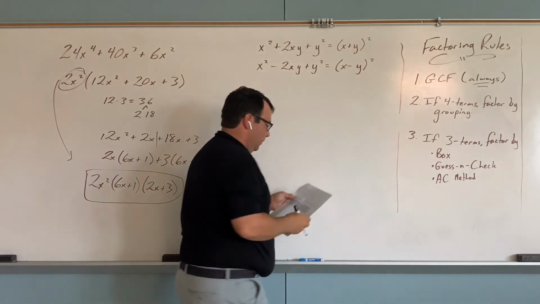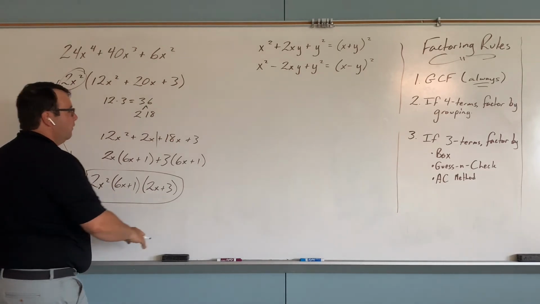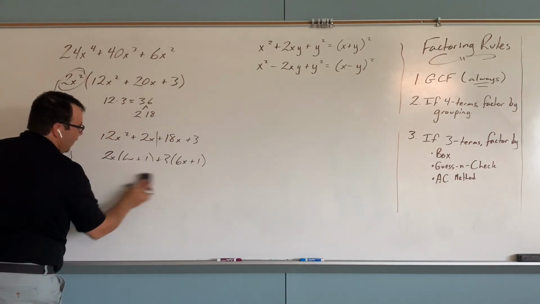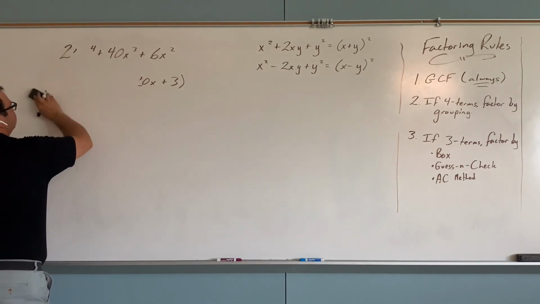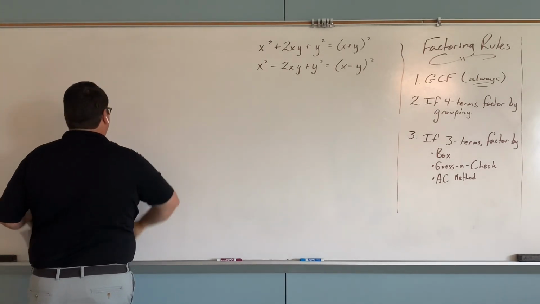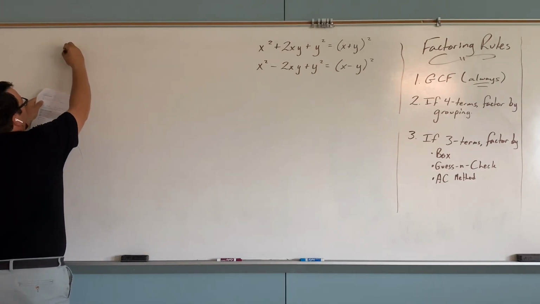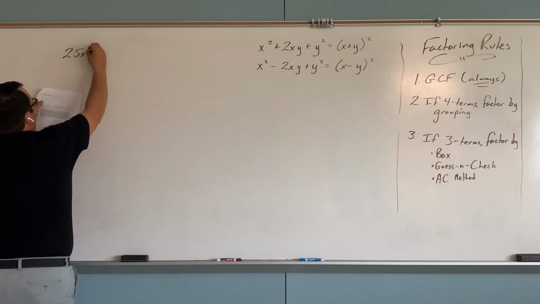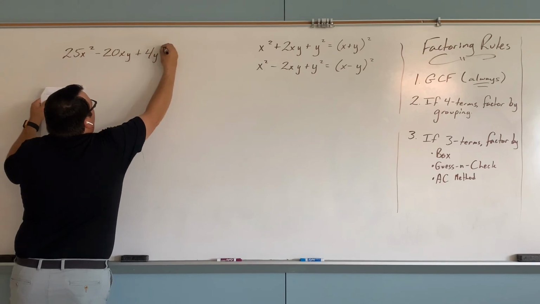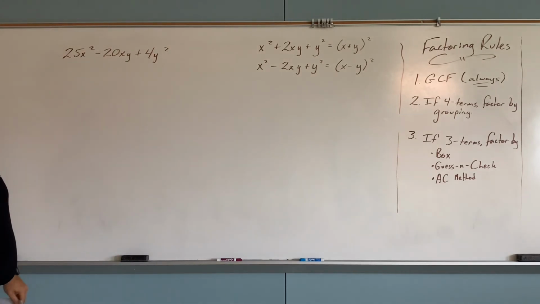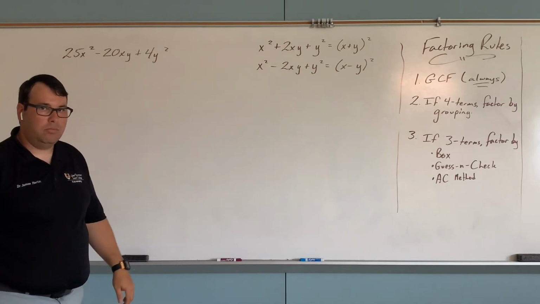just like so. Now, these perfect square trinomials really help you in understanding how to factor if you're just using the definition. So if you're able to quickly identify something such as the problem that I'm going to give you here, this is 25x squared minus 20xy plus 4y squared. You might be looking at that like, oh man, do I have to really go into those? No, you really don't.